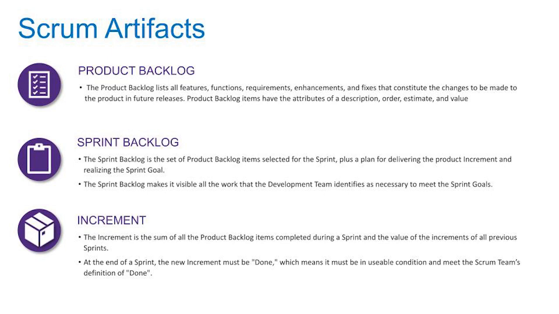And that's what the product backlog does, versus a sprint backlog, which is the set of product backlog items. So you're pulling things from the product backlog into the sprint backlog and selecting them for the sprint. So this small amount of time that you're working on it, plus a plan for delivering these items to the sprint goal.